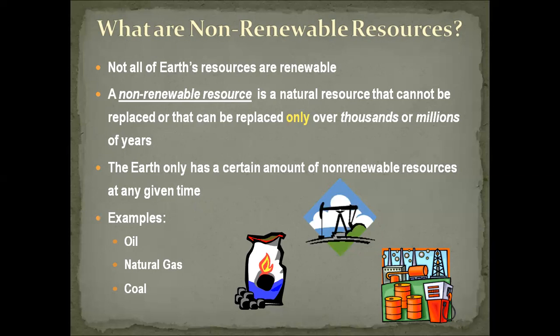So it's simple to understand that once we use these resources, or once we exhaust these resources, the replenishment is not that fast and they cannot be replenished. The earth only has a certain amount of non-renewable resources at any given time. Examples: oil, natural gas, and coal.